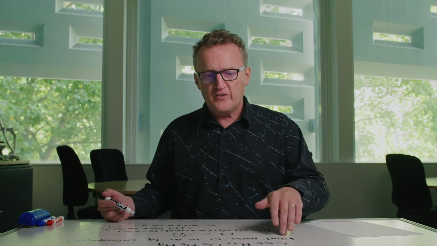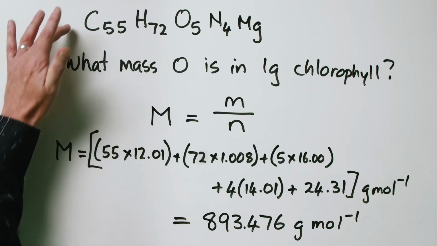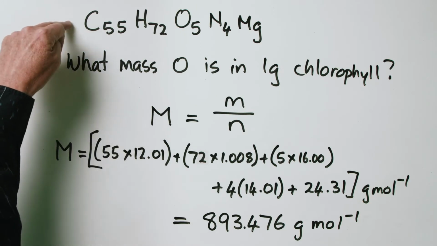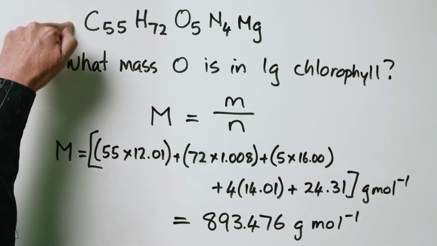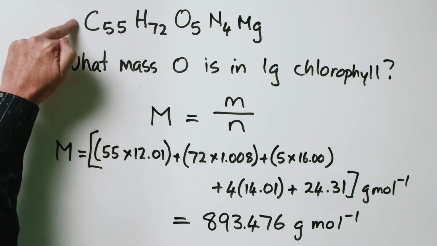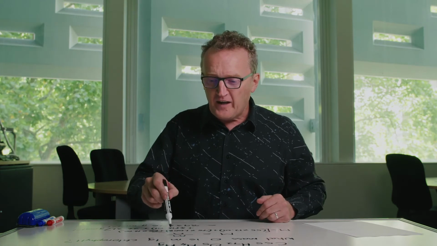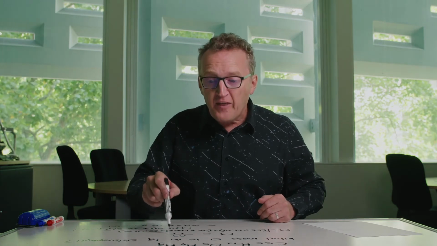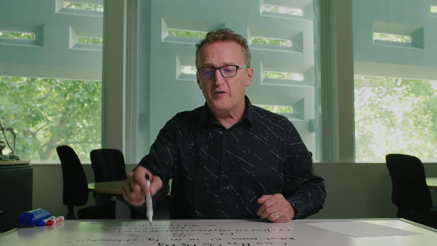So why is any of this relevant to the question that has been asked? Well, that all comes back to the chemical formula of chlorophyll, as we will see in a second. But first, because essentially there's nothing else that we can do with the data that we've been given, we are going to calculate the number of moles of chlorophyll that 1 gram corresponds to.